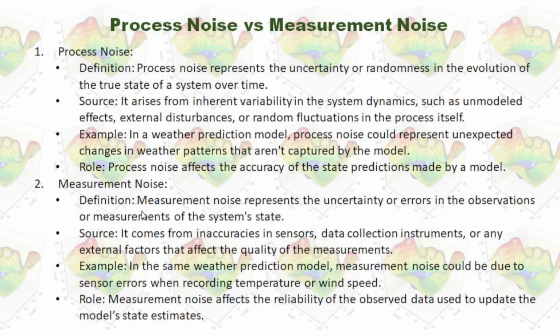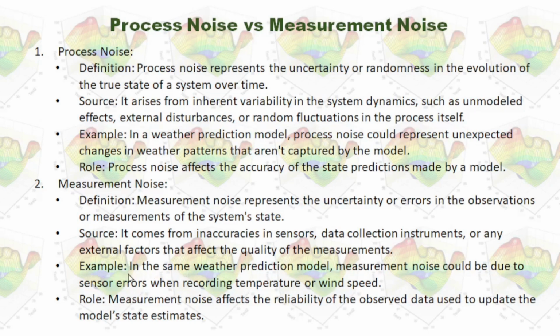At the same time, measurement noise represents the uncertainty or errors in the observations or measurements of the system's state. It comes from inaccuracy in sensors, data collection instruments, or any external factors that affect the quality of the measurements.